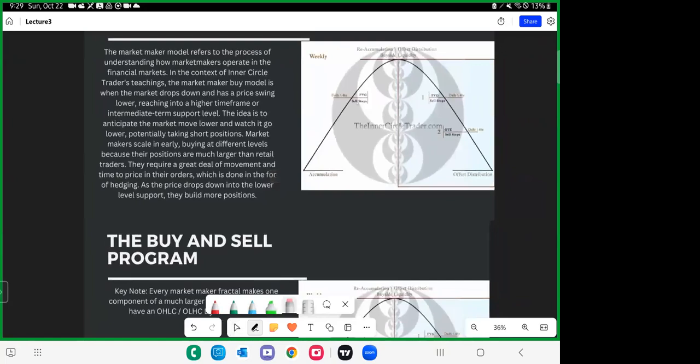Market makers scale in early, buying at different levels because their positions are much larger than retail traders. So what that means is, as those guys are pushing up, and this is just understanding the logic behind price action, as these guys are pushing up, that stops the imbalance, that repricing, that rebalancing. Every time here, these guys are hedging into the market.